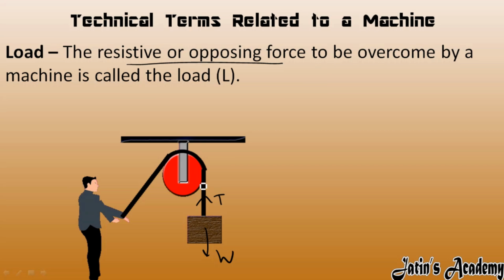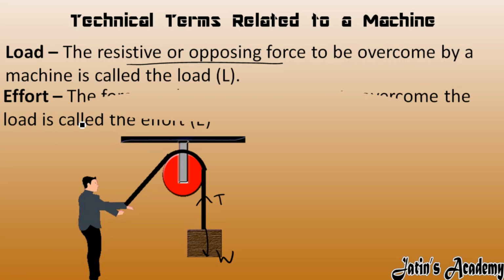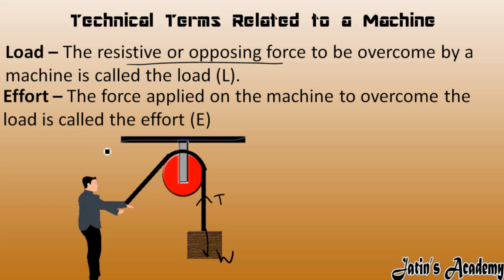Okay, next we have effort. What is effort? This machine will not work by itself, we also have to apply some force on the machine so that it will perform some work. So the force applied on the machine to overcome the load is called effort. Whatever force this person applies on the machine, why is this person applying it?